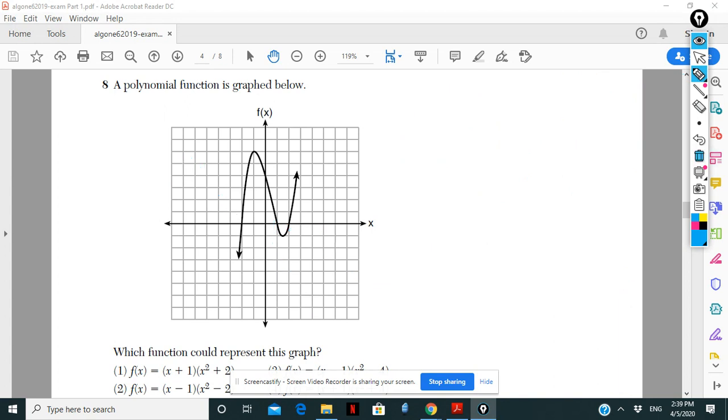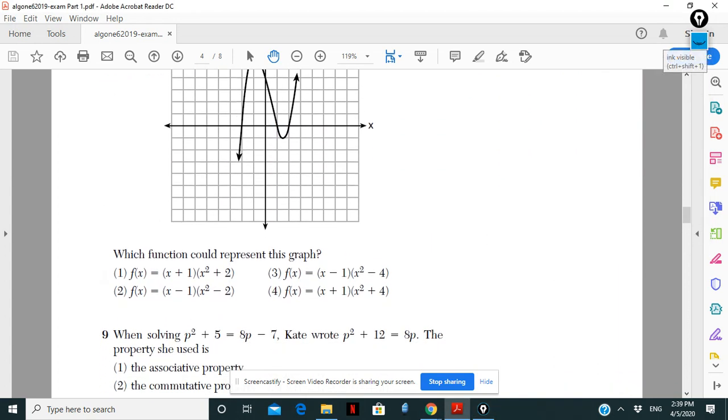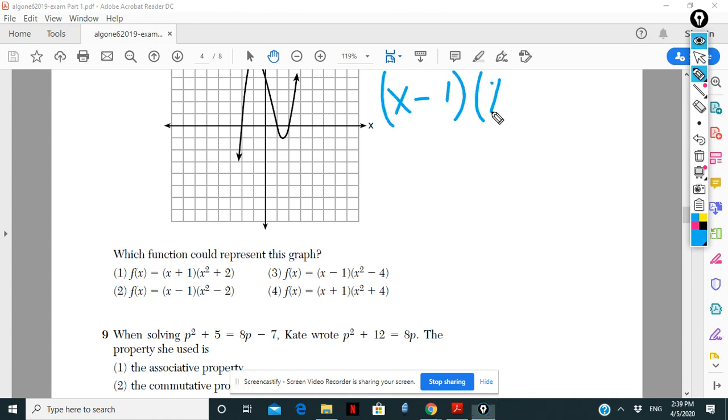So the answer is going to be, I don't have it. So I need to do more work. So x minus 1, x minus 2, x plus 2. So here x minus 1 should be there. So that's 1 and that's 1.